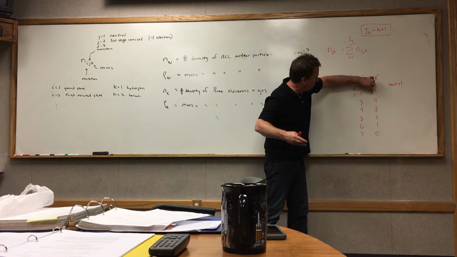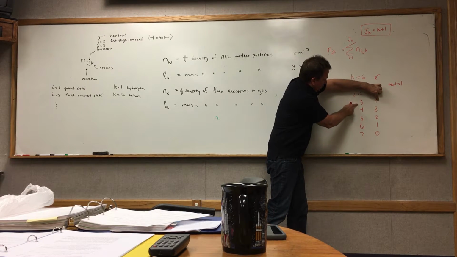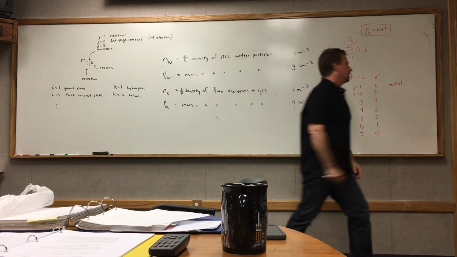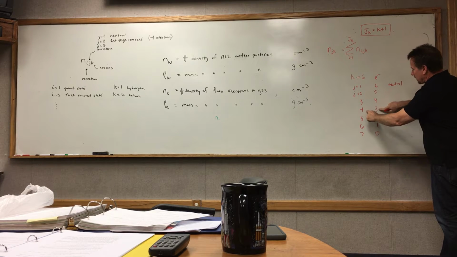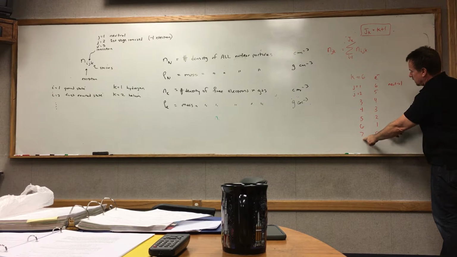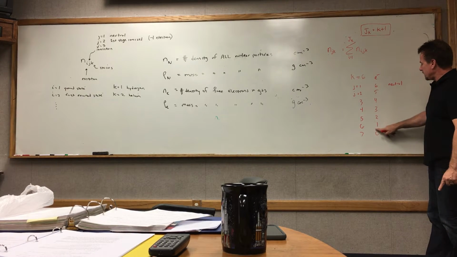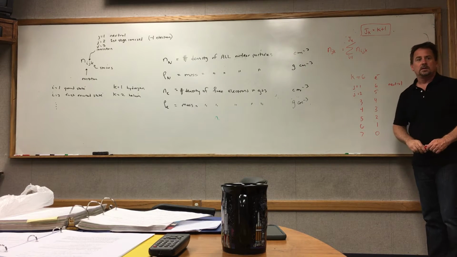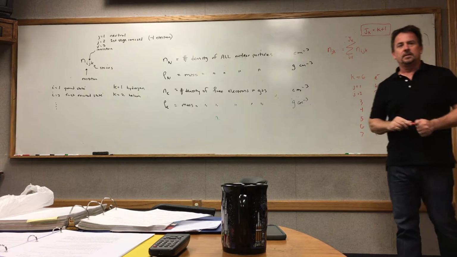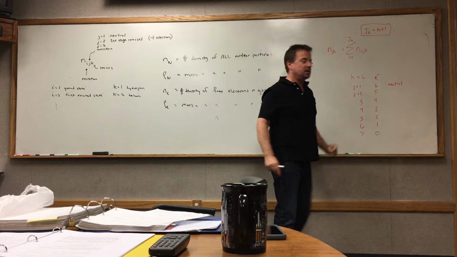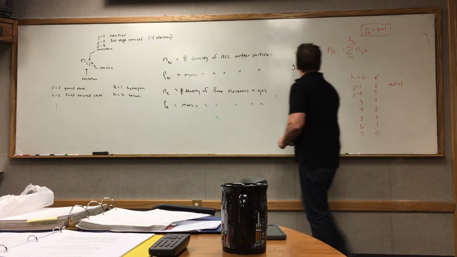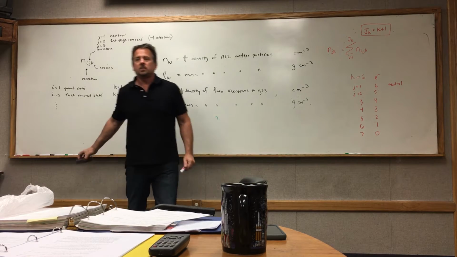Remove 1, that's J equals 2, remove 2, that's J equals 3, and so on, until you get to the point where you're fully ionized. Does everybody get that? Well, guess what? If you sum up the N_jk, what do you get?